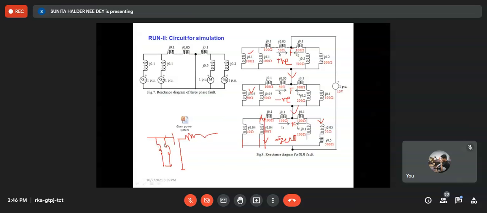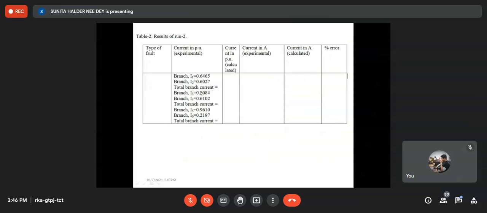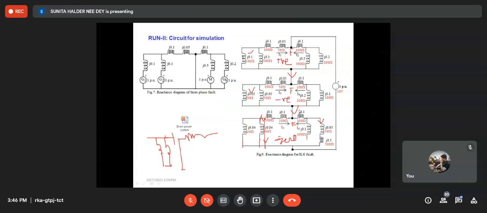There are some contact resistances, and contact resistances may be near to zero, but not zero, and they are not equal at all the places. That's why we are not getting all the summations of branch currents equal. But when you calculate theoretically, you will get one unique current. These branch currents may be different, but this series current will always be the same. Okay. So you fill up the table in that way.